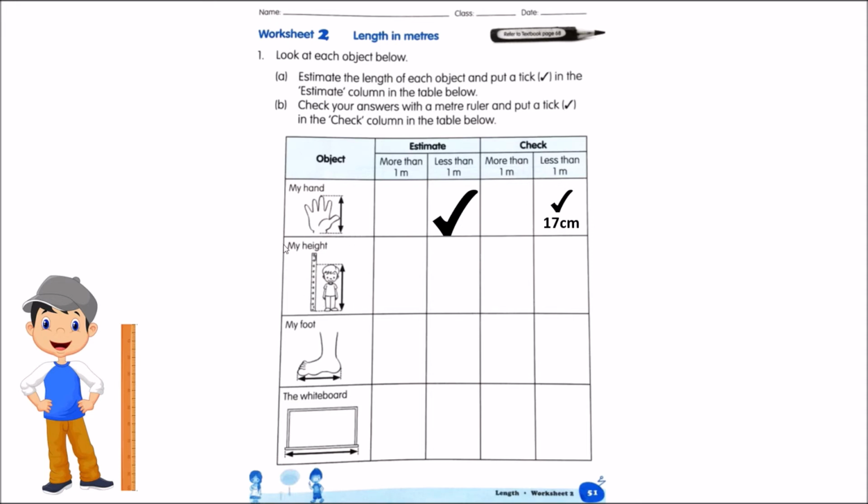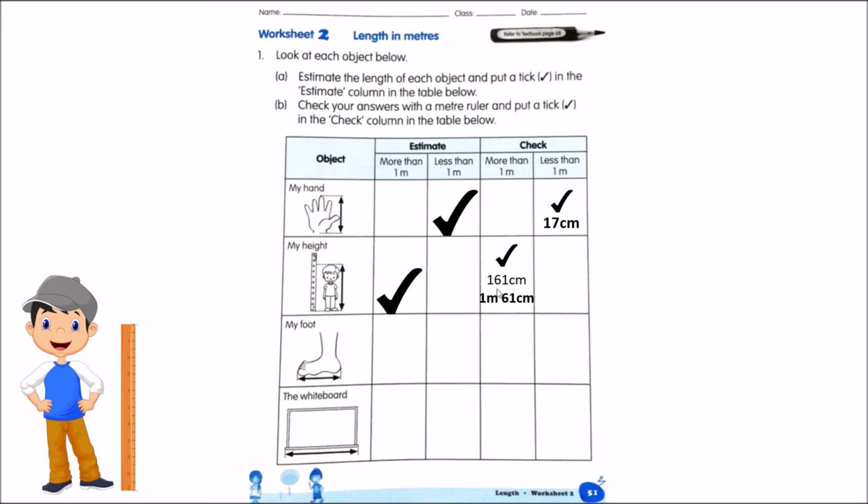How about your height? How tall are you? Do you think you are more than 1 meter, like this boy, or less than 1 meter? Now, I think I am more than 1 meter. Now, I've measured my height, and Miss Nisa is actually 161 centimeters.